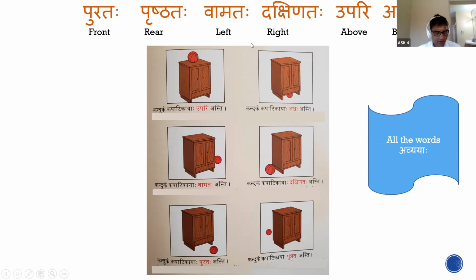Saha Keshavaha. Keshavasya Purataha Shakataha Asti. So what does that mean? He is Keshava. Keshavasya Purataha. Just now I mentioned Ramasya. Keshavasya Purataha, in front of Keshava. Shakataha Asti. The Shakataha means Gadi or cart.